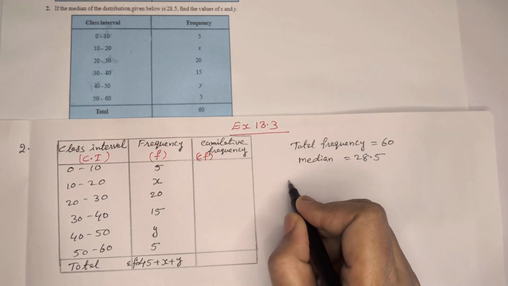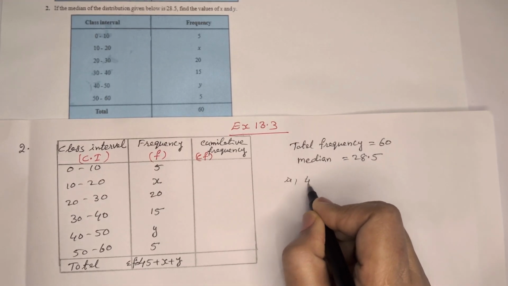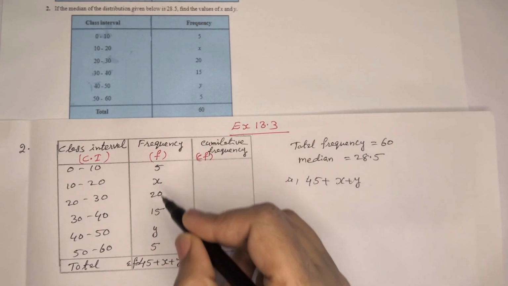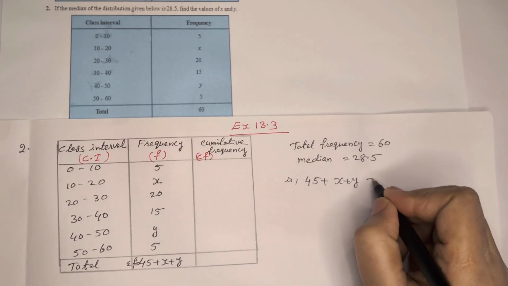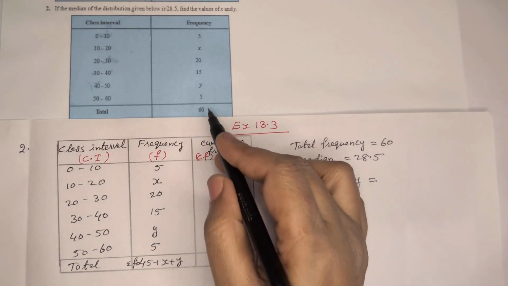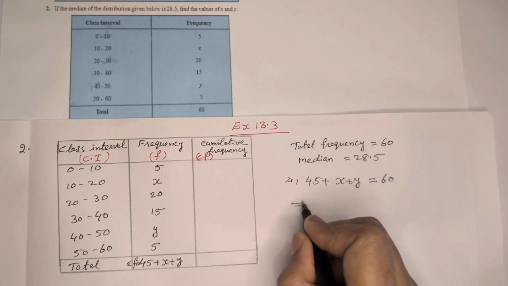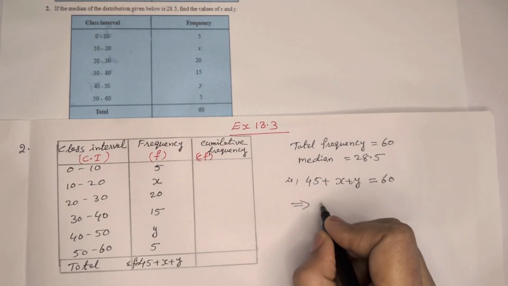So we can write 45 plus x plus y, when we are adding the frequencies, which is equal to total frequency given as 60, which implies move 45 to the other side.